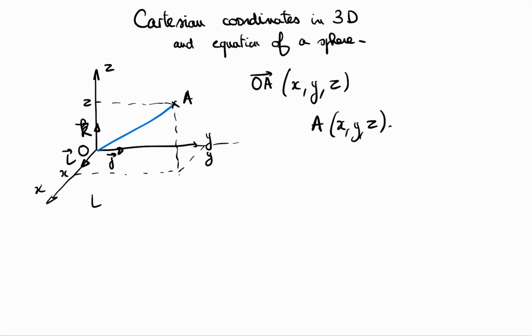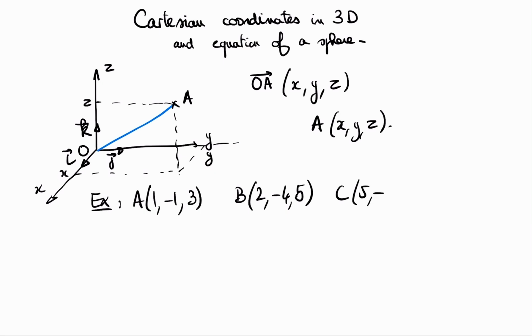Little example of application. Say we have 3 points, which are A, 1, minus 1, and 3; B, which is 2, minus 4, and 5; and C, which is 5, minus 13, and 11. And we want to show that they are collinear.